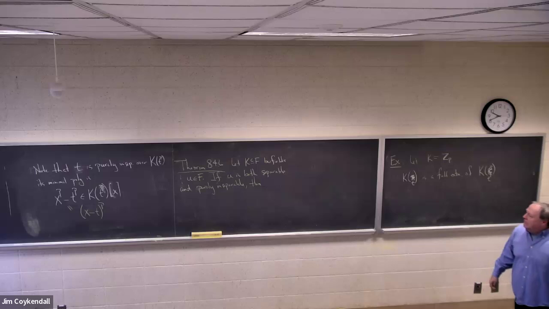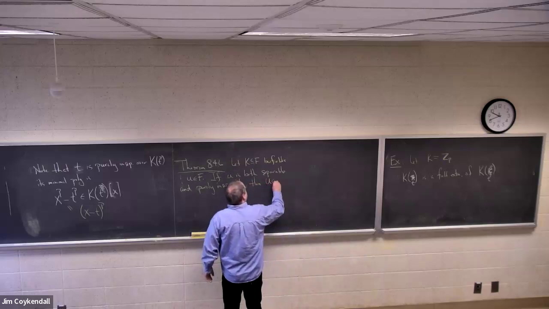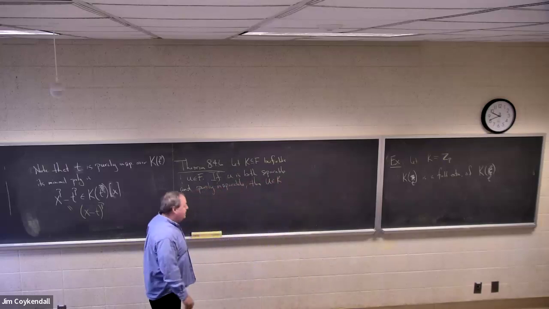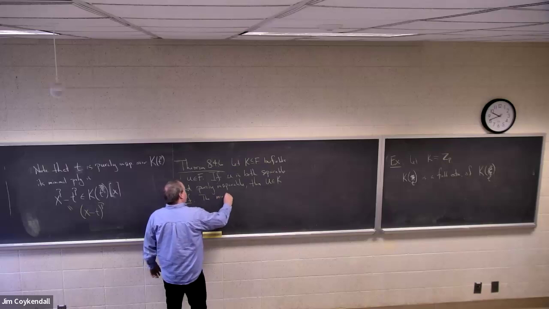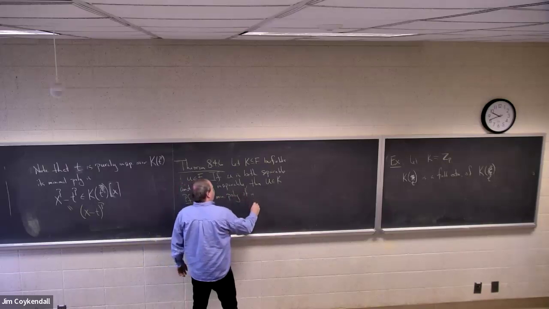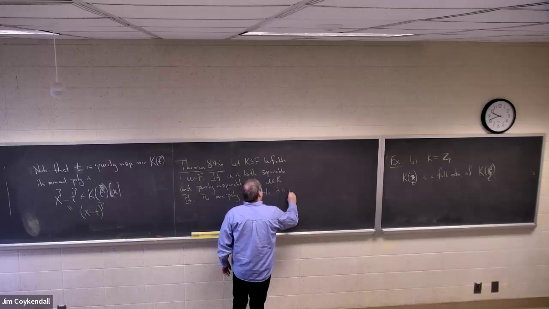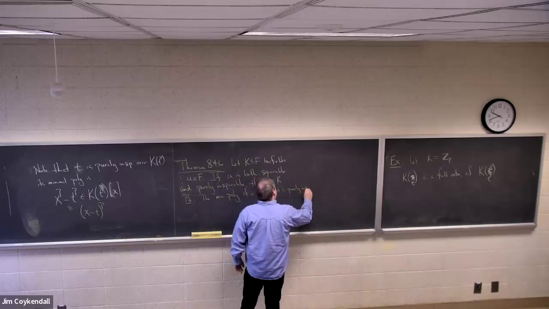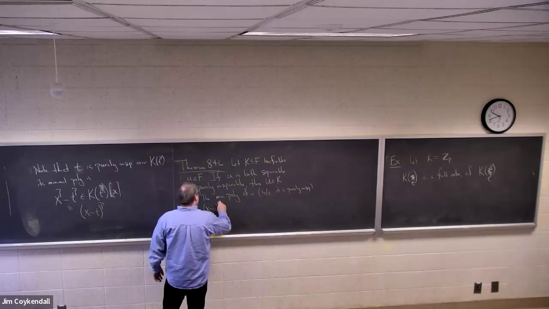The conclusion is that u is in K. Because the minimal polynomial of u, since it's purely inseparable, is of the form x minus u to the m.